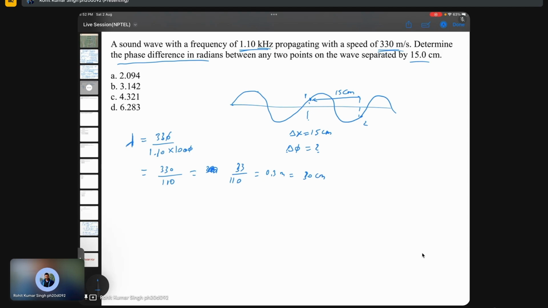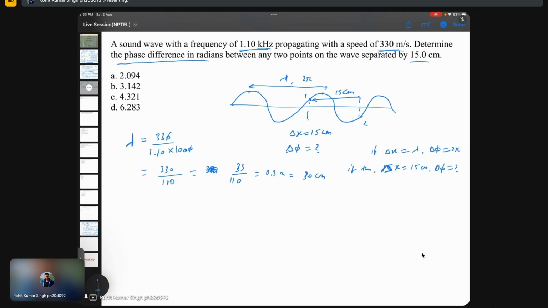Now you know that any 2 points separated by a wavelength have a phase difference of 2 pi, correct? So if delta x is lambda, delta phi is 2 pi, then if delta x is 15 centimeter, what is delta phi?